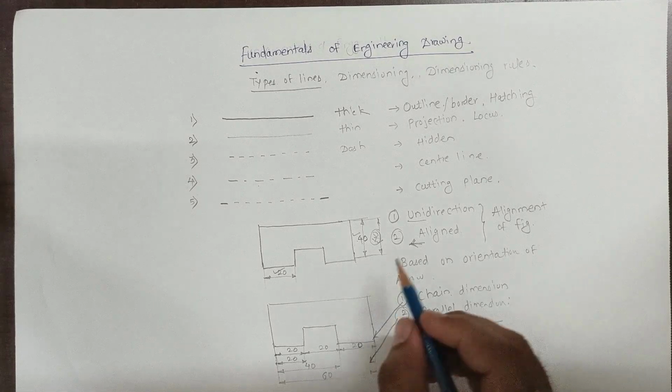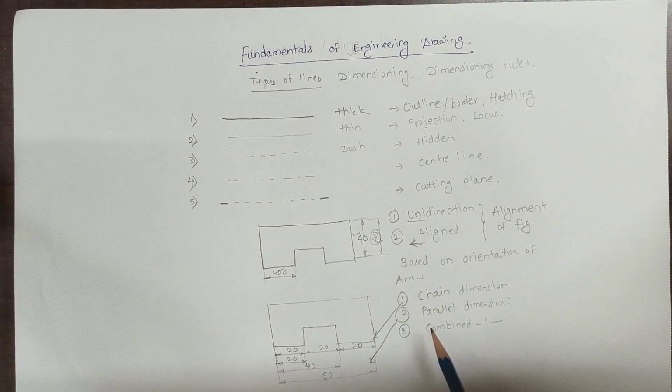Okay, so this is about the different types of lines as well as different types of dimensioning. To draw this arrow there is a rule, so for that purpose we will discuss some basic rules for dimensioning. Okay, so the first rule is what?